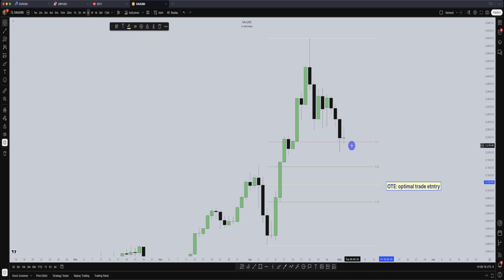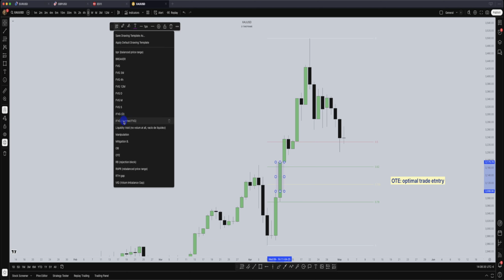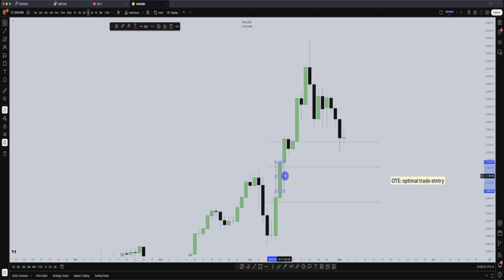So price now is retracing, okay, to the discount area, and I think you are aware of this. We have a daily fair value gap. Okay, this is very important to have in your charts.